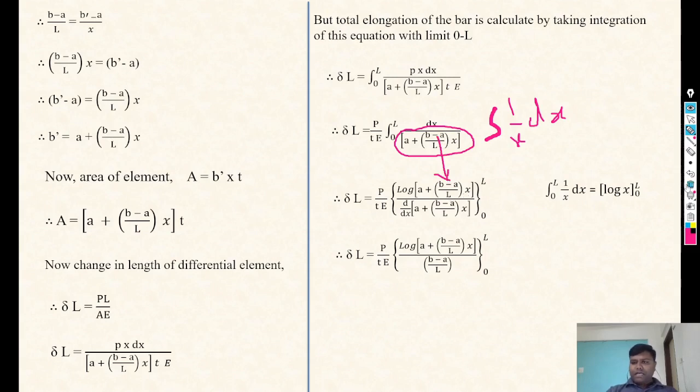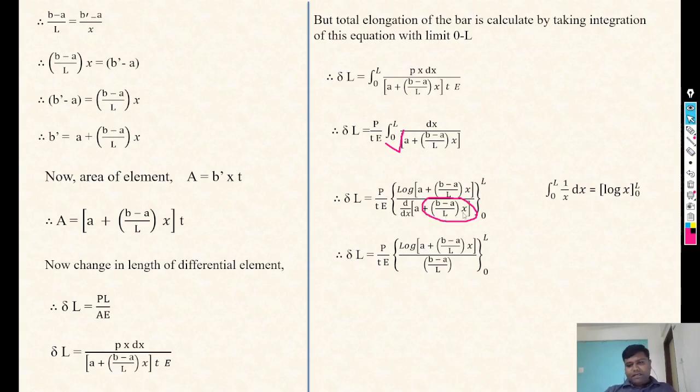But just as we saw in the last derivation, it is a mathematical rule that if x is there, we need to take the derivative of that term again, and this term goes in the numerator, derivative in the numerator. So d by dx of (a plus (b minus a) by L into x). In short, we are taking the derivative of this term again.